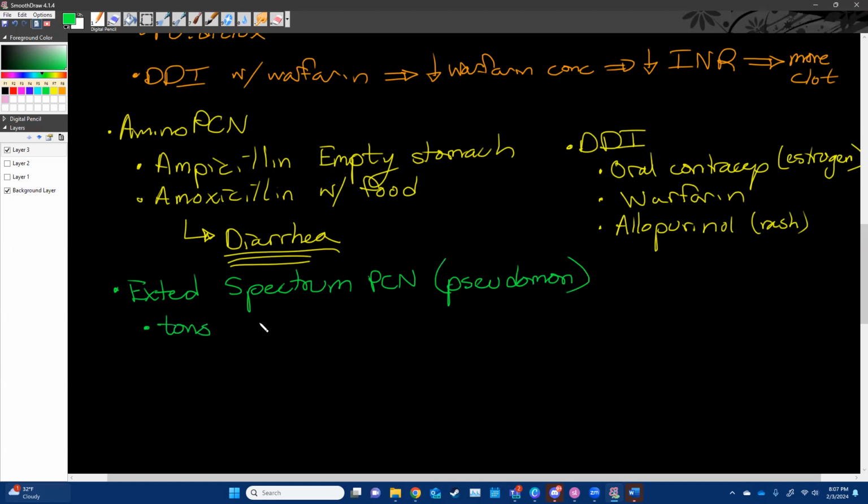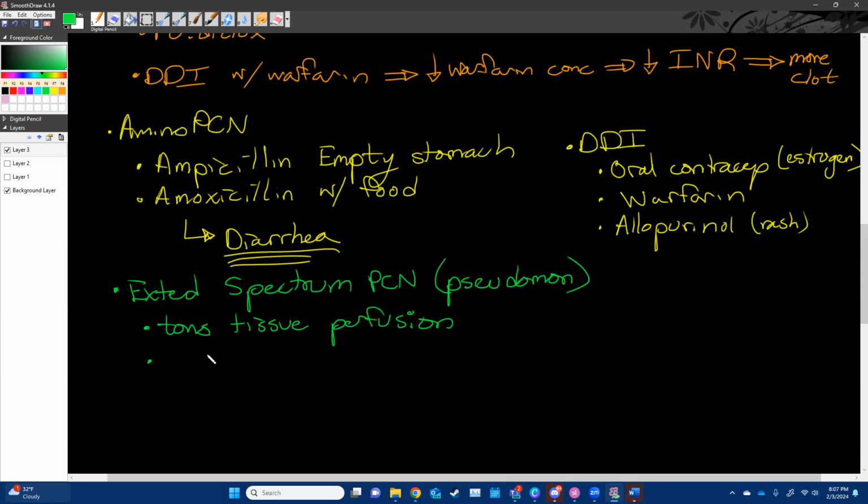Tons of tissue perfusion. It gets everywhere in the body. So when we talk about a drug that's able to get to pretty much every tissue and really have a big effect, Piptazo is the one you're going to go for.